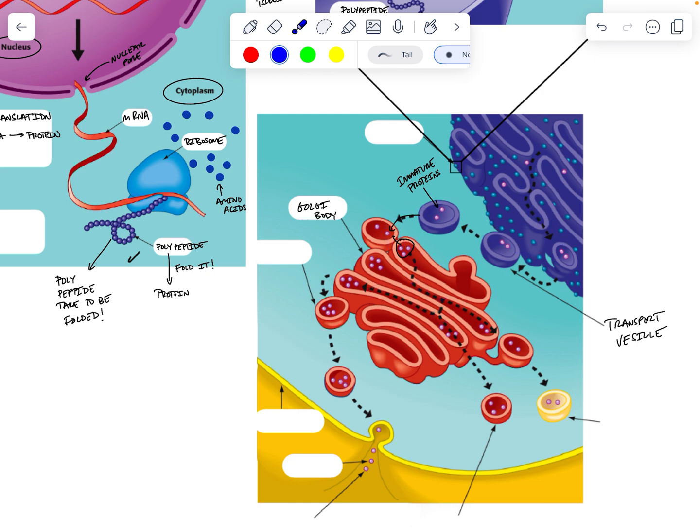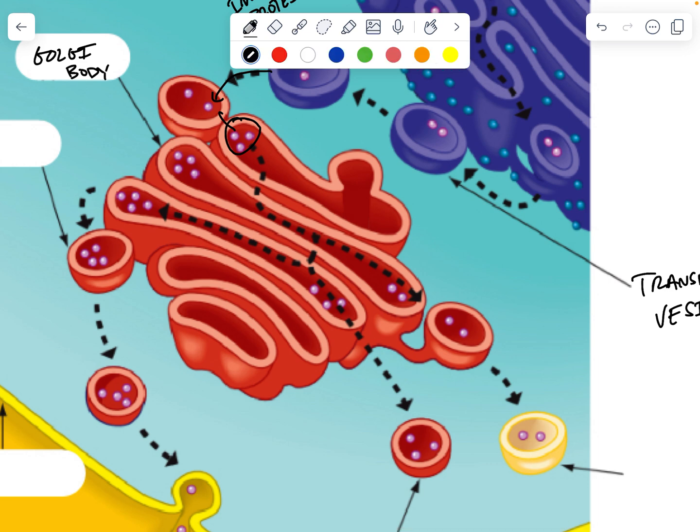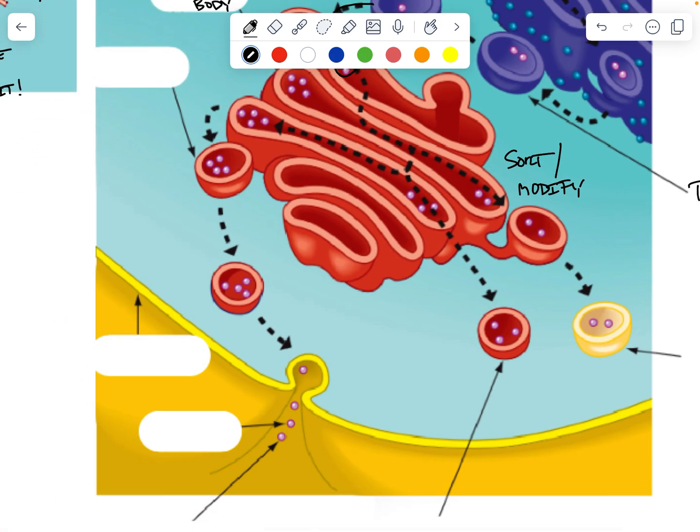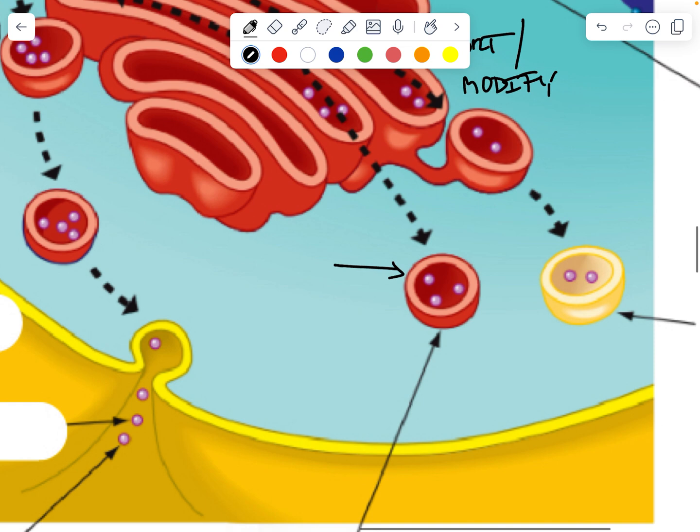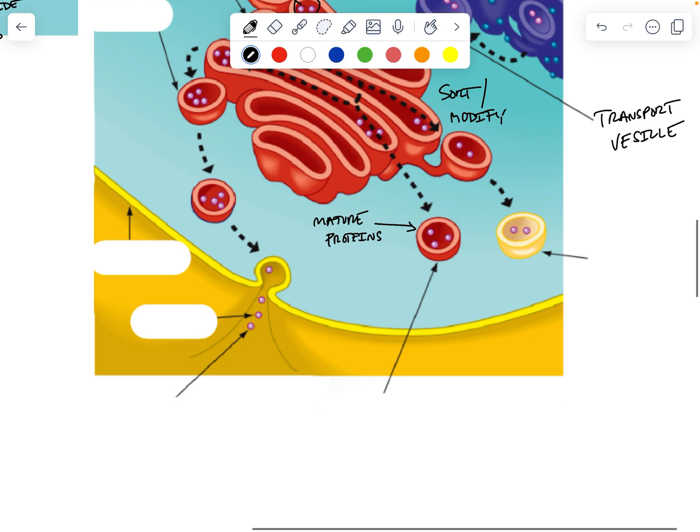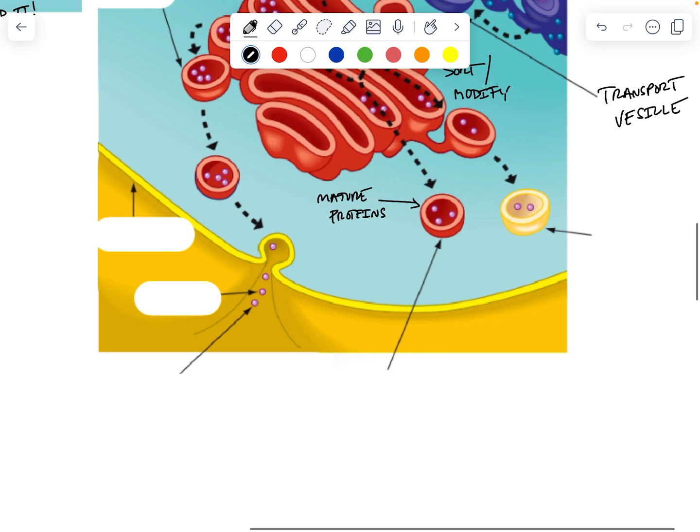And the Golgi is going to sort the proteins. It's also going to modify them. So by the time transport vesicles bud off on the other side, we have mature protein leaving the Golgi.